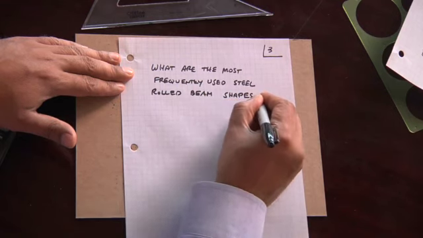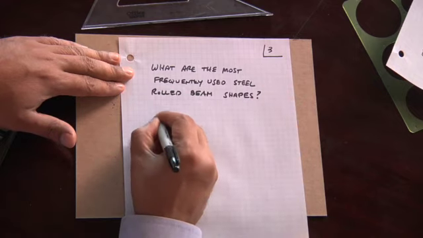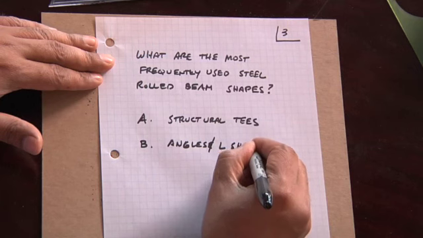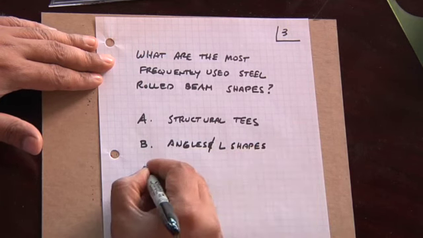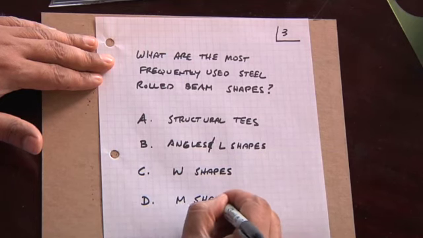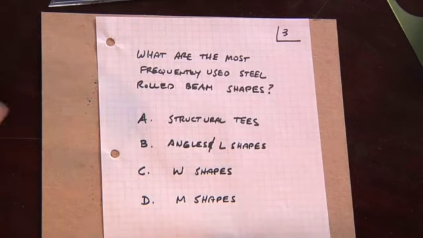And then they give you 4 options. Option A, structural T's. B, angles and L shapes. C, W shapes. D, M shapes. So this is one of those questions you either know or you don't know.